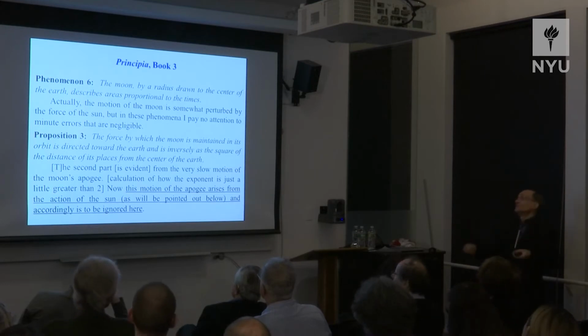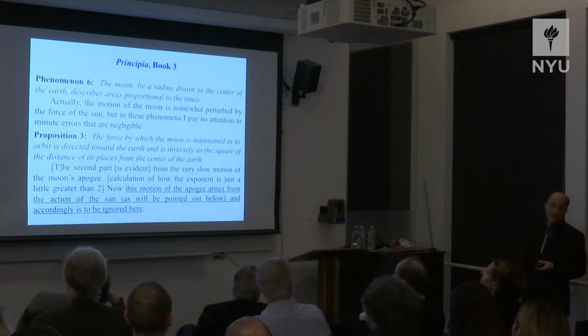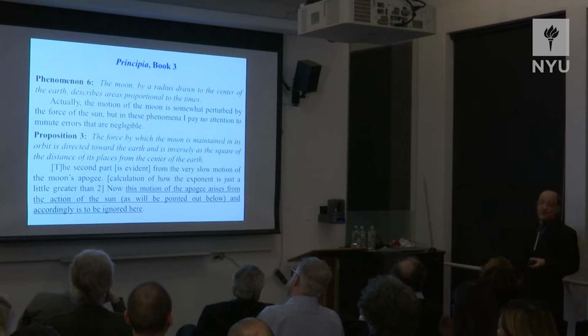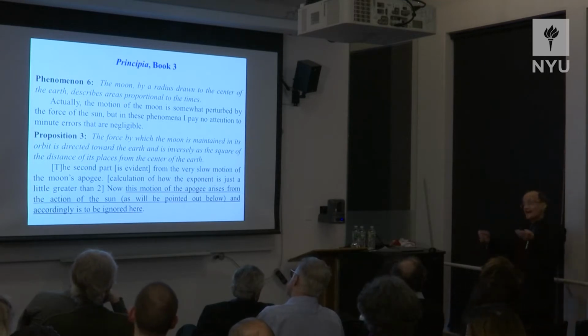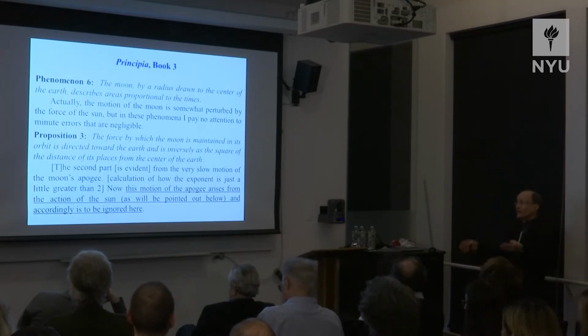Well, why are you telling us that? Well, the truth is, this is really a promissory note that Newton is making. He's saying, I'm going to show you eventually, I hope, that it does all arise from the attraction of the sun. And if you're just doing the Earth, inverse square is there, you add the sun, you get exactly the difference you want, you're fine.